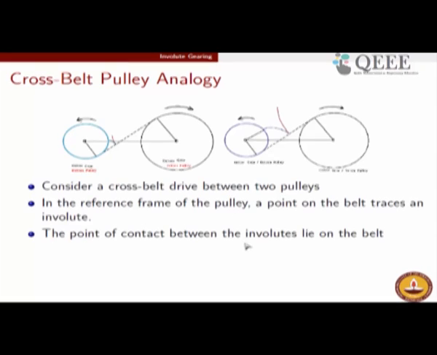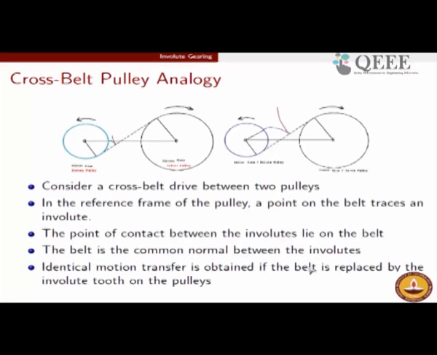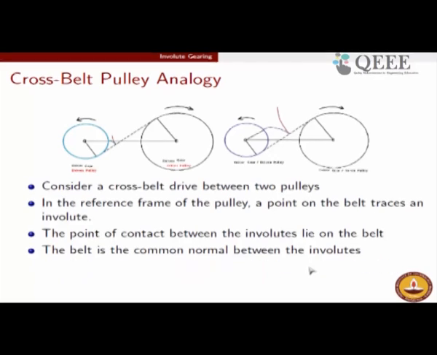The point of contact between the involutes always will lie on the belt, which means the belt is the common normal between the involutes, and the common normal therefore did not change during the course of engagement of this involute, which essentially means that the pitch point did not change. So, what we will now do is from the pulley picture we will come back to the gear picture.